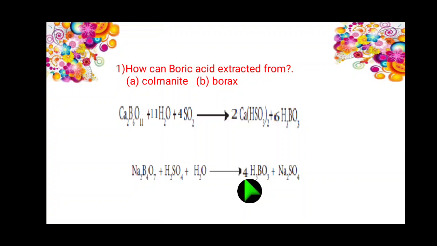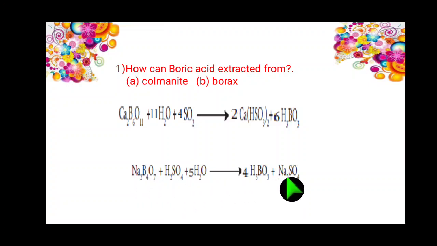After writing the 4, hydrogen count is 4 into 3, 12 hydrogen. Left side 2 and 2, 4 hydrogen is there. So make it 5 H2. Now you count it, 5 H2 means 10 hydrogen. So remaining 2 hydrogen, totally 12 hydrogen.